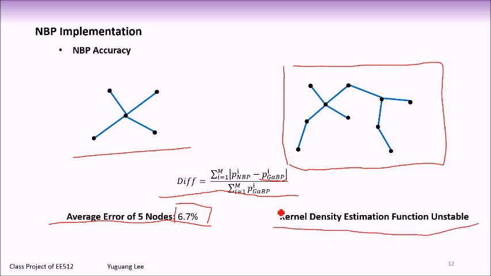However, when I applied my NBP code to a more complex graph composed of 10 nodes, the result looks very weird because the kernel density estimation function is not stable. I figure it's because there are some parameters for which I still didn't figure out how to set the optimal values. So probably in the future, I will fix this problem by fixing the kernel density estimation function.